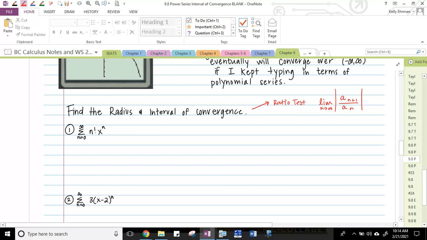If you don't have a factorial involved, like number 2 is not too crazy and terrible, then you could think of a geometric series test. Or you could also think of a root test, but I kind of think geometric series. And remember, that's just saying, oh, this thing in parentheses, I'm going to write root test too. Either way, you're saying whatever's in parentheses to the n, take it out of there.